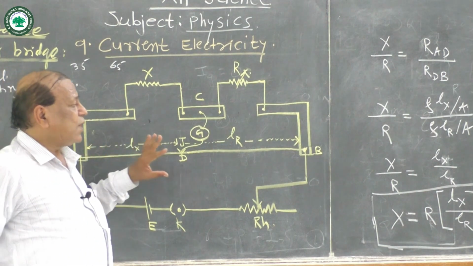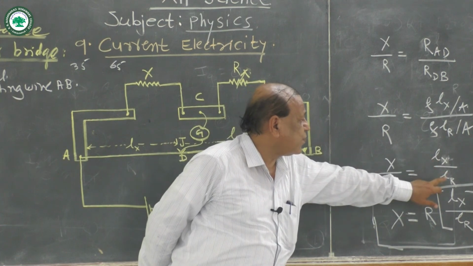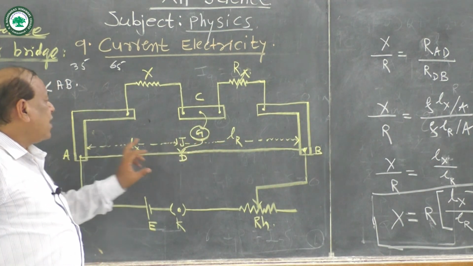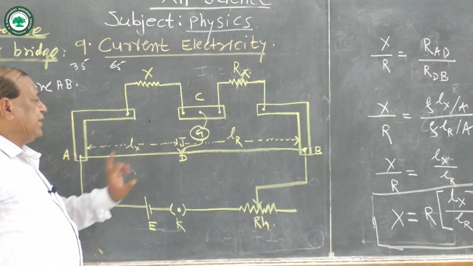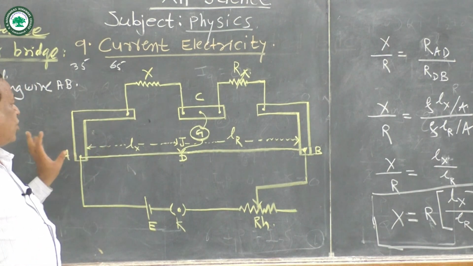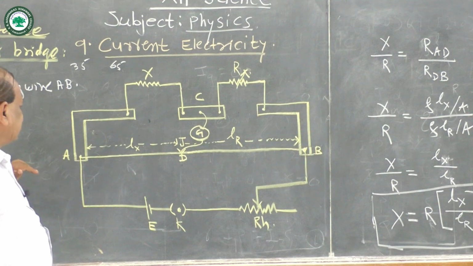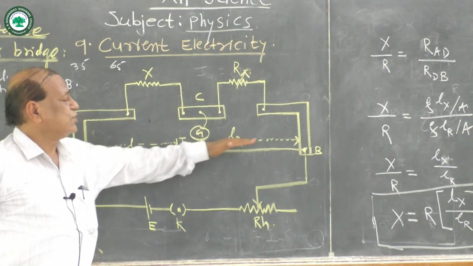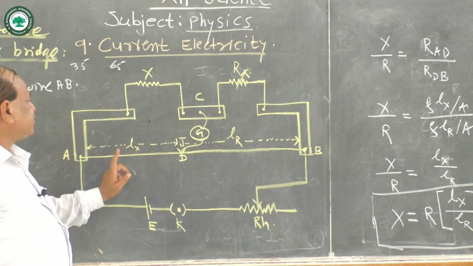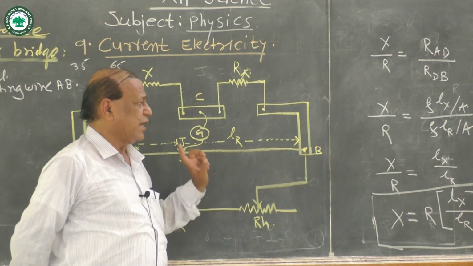And then we apply this balancing condition, X upon R is equal to LX upon LR. Now this LX and LR are the resistance of wire AD and wire DB respectively. Now measure these two lengths from this scale which is already fitted on this wooden board. Measure that distance AD, that would be LX, measure that distance DB, that is LR.